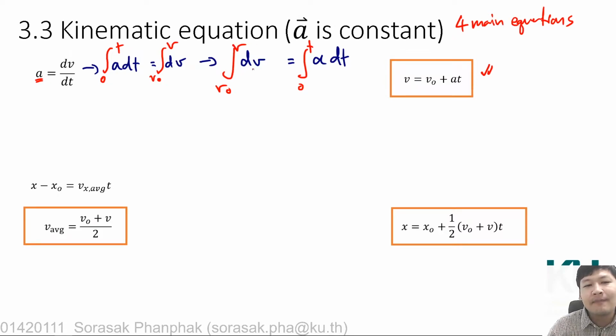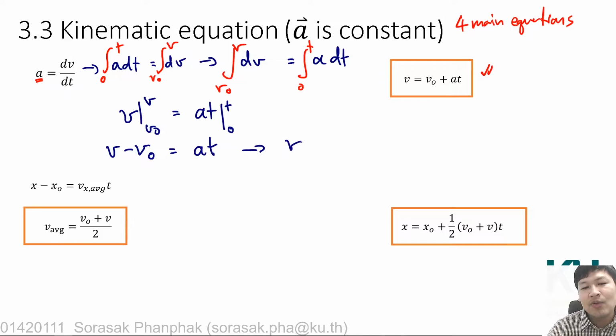So what you get from this, you take the limit v0 to v equals a times t, where the limit is 0 to t. To take the limit, you substitute all in. So now you get v minus v0 equals at. This is how you rewrite it: v equals v0 plus at.